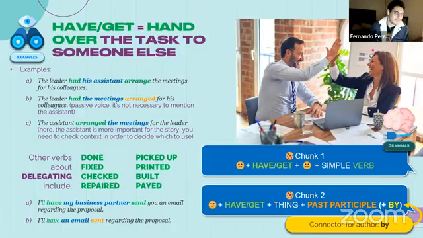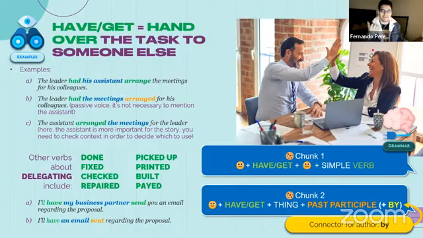You can talk about this using the following verbs. For inspiration, you can talk about verbs that you use to delegate tasks, such as done, fixed, checked, prepared, or when the person is not relevant.